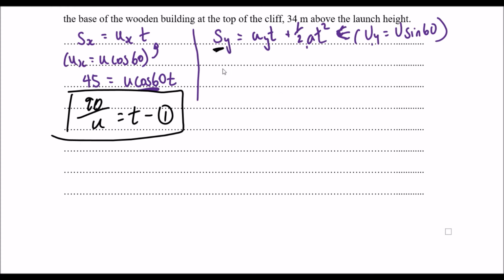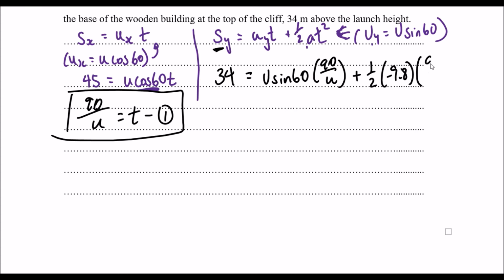So the vertical displacement is 34. We can substitute Uy, so it's U sin 60. We can substitute in for t, so 90 over U, plus half at squared, so half negative 9.8, and then t squared, which is 90 over U, squared.